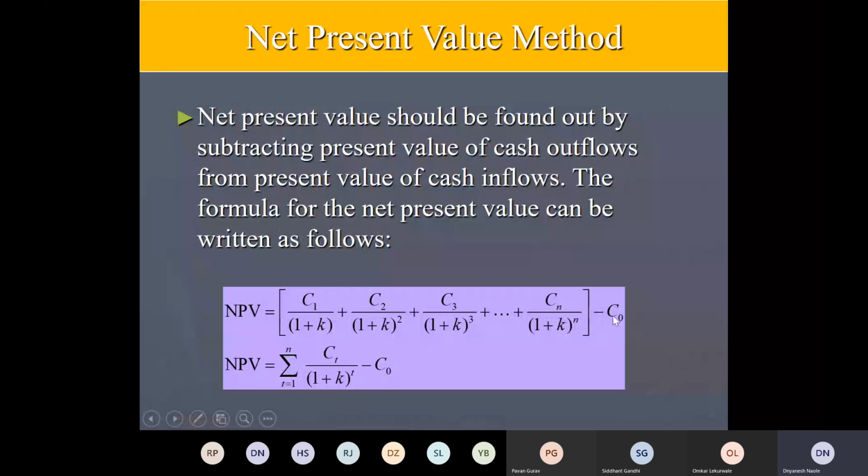C0 is nothing but the present value of the cash outflows. Okay, done.